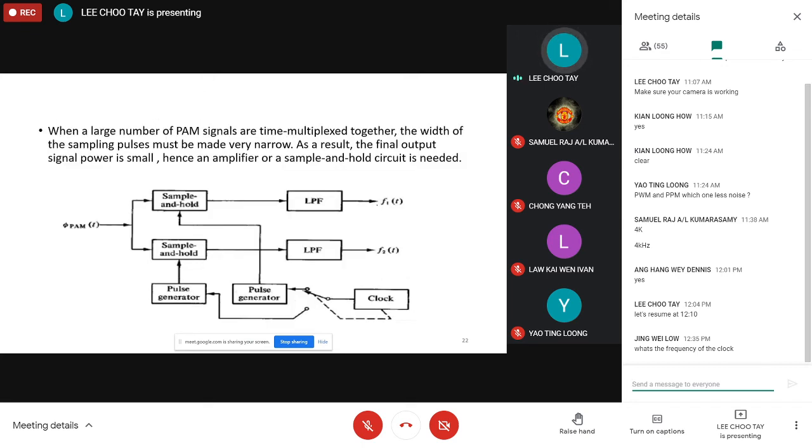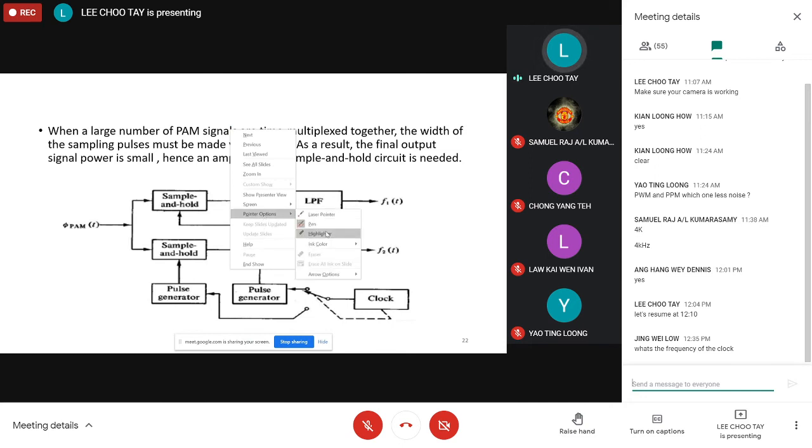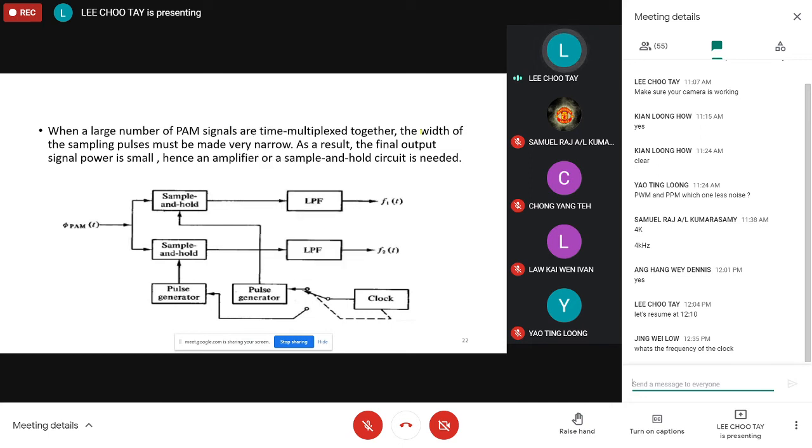When we have many PAM signals that we TDM together, the width of the pulses will be very narrow.